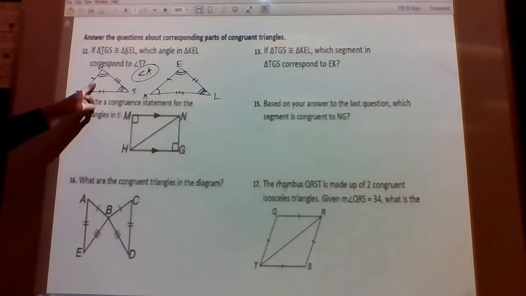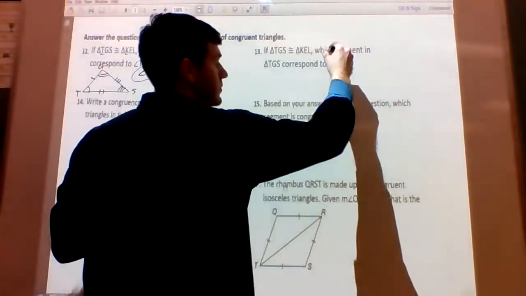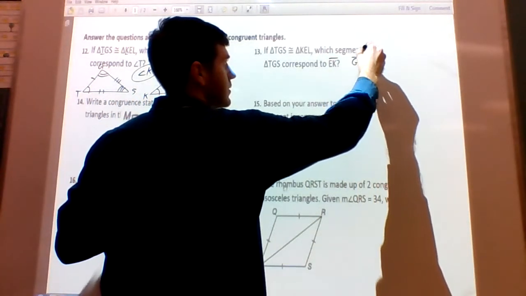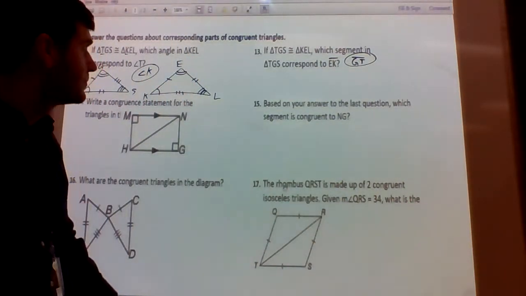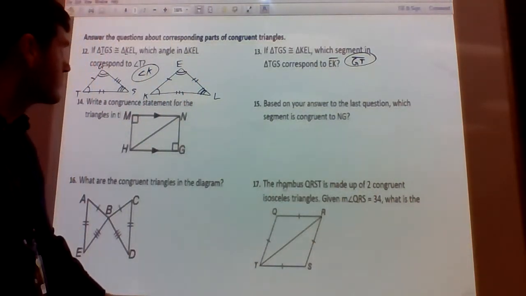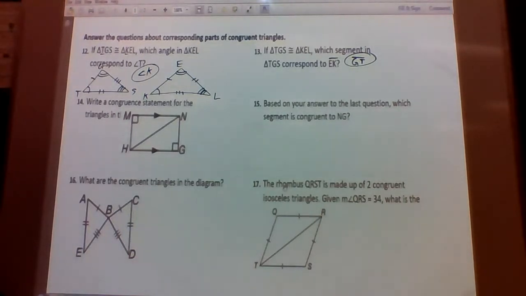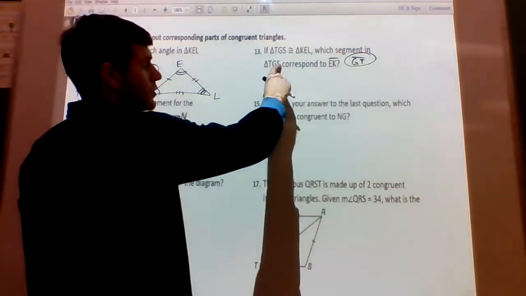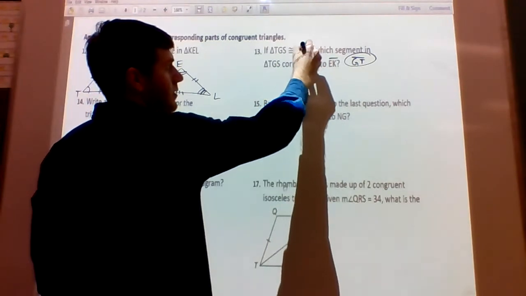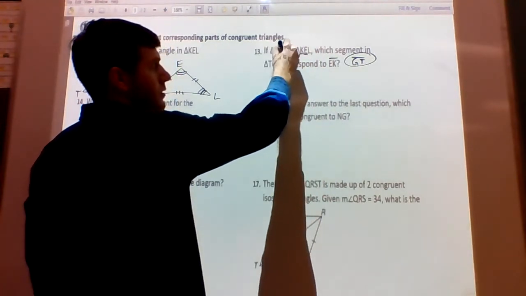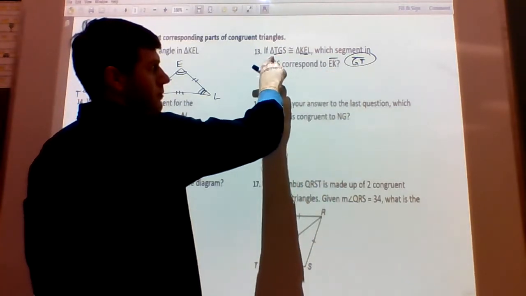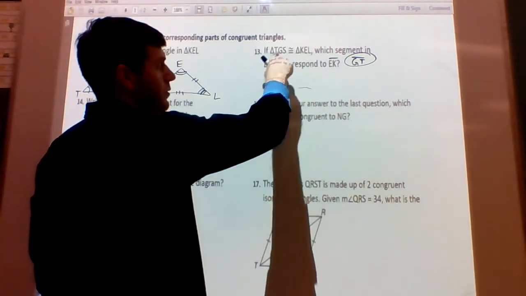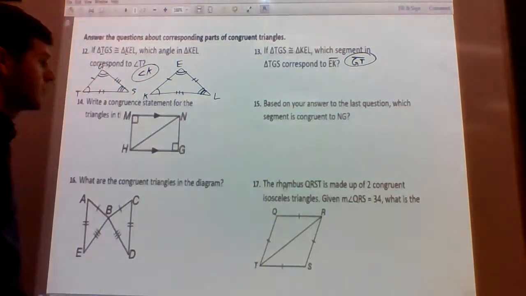It's going to be GT. So EK, middle to first. So GT, middle to first. So it's going to be GT. Right? In the same order in the second one as you did in the first one.